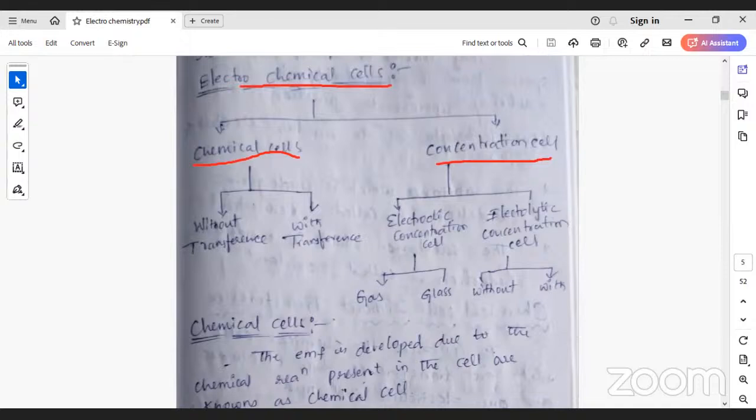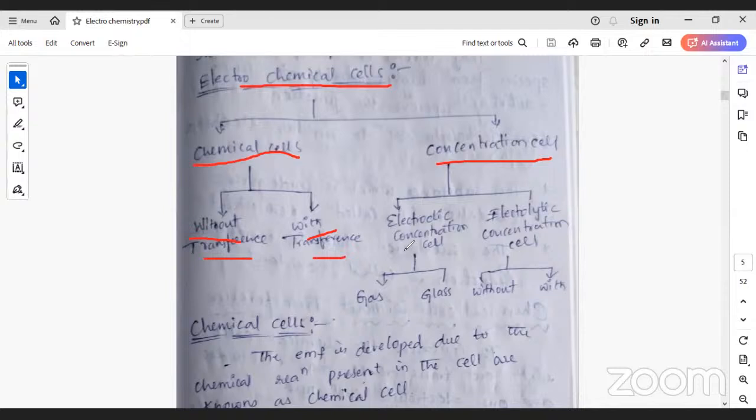What are the chemical cells? What are the concentration cells? Either chemical cells or concentration cells are further divided into two types: without transference and with transference, that is, chemical cells without transference and chemical cells with transference.